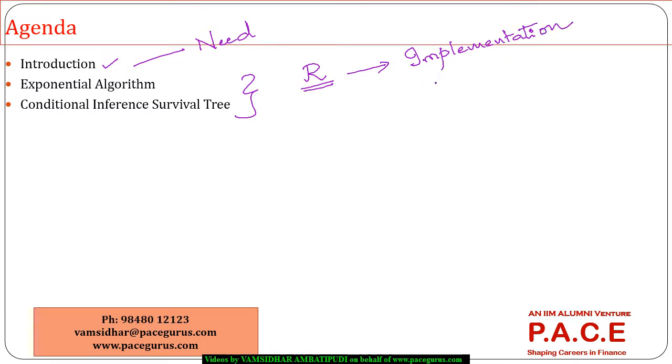We will look at the implementation in R, and whatever response we get, how we interpret it for making a decision. So I am going to look at the exponential algorithm as well as the conditional inference survival tree algorithm. We will differentiate between these two and take one single example.